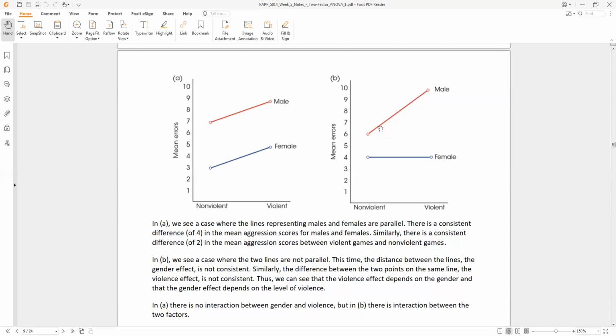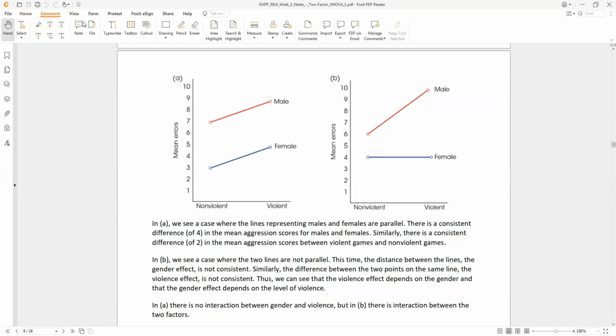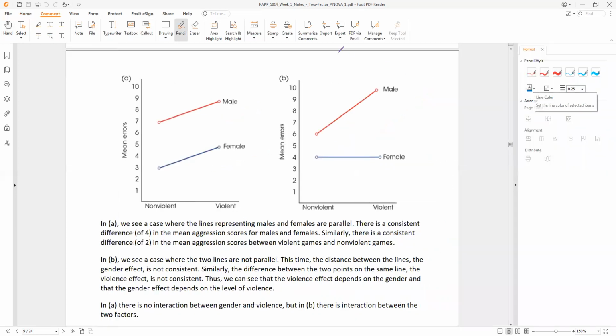I can draw a little picture here, right? If I draw just a little graph here, and I have group 1, group 2, and group 3, and then I have men and women again, let's say, and I have this picture for men, and then I have this picture for women, right?